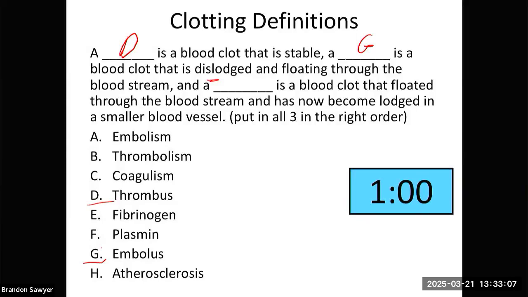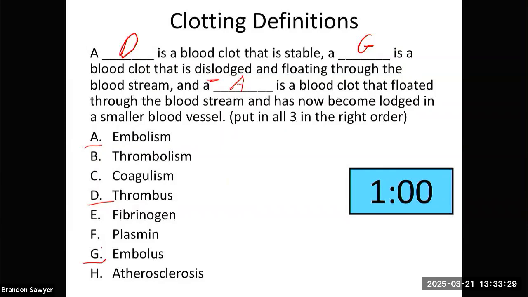And then when the one that was floating through gets stuck somewhere, it's called an embolism, for the last one there. So if you've heard of a pulmonary embolism, it's when there was a blood clot in somebody's leg or something and it came free and then got stuck in their lungs. So that's the idea there.